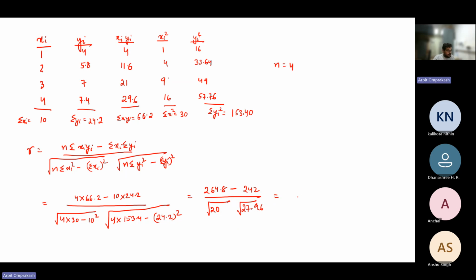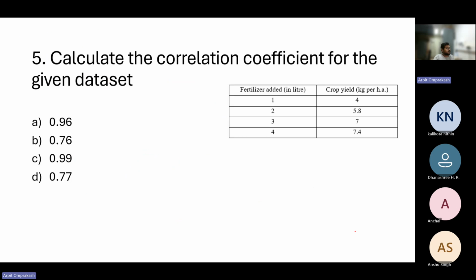So this will be 20.8 divided by 4.472 into 8.7, which will be 22.8 divided by 23.646, approximately equal to 0.96. So the answer here will be option A, 0.96.